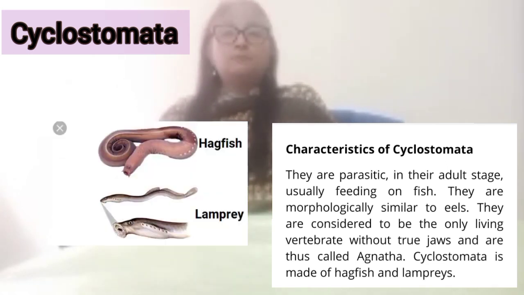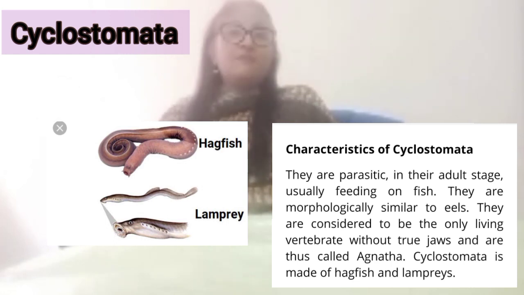Now under the Chordata there are 6 classes. The first one is known as Cyclostomata, which is also known as Agnatha. They are jawless vertebrates. That is why they are given the name Agnatha.